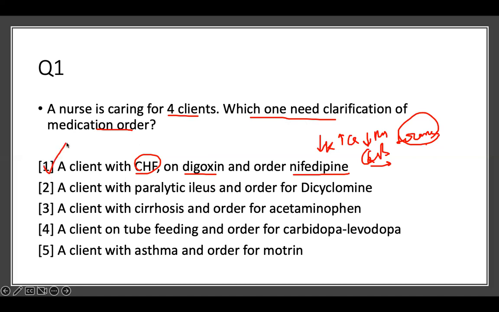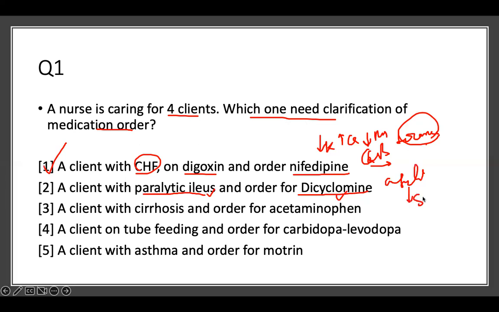The client with paralytic ileus and an order for dicyclomine, then you ask yourself, bring in your pharmacology. There are 2 buzzwords. Paralytic ileus is a fancy word for, it's not an obstruction, but the bowel has slowed down. And dicyclomine, you ask yourself, what is it? This is an anticholinergic. What does an anticholinergic do?